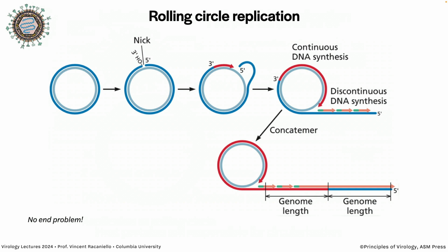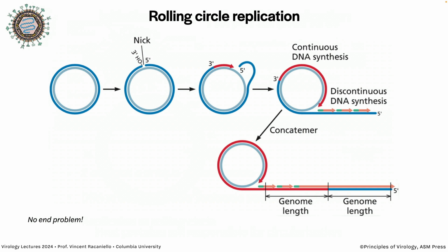Whereas on the other strand, the polarity of the template is wrong and it cannot do continuous synthesis, because you can imagine if only a little bit of this strand were exposed, you could start synthesizing there with an RNA primer. And then when more of the strand comes out, you make another one and another one. So that's discontinuous. It's like our SV40 discontinuous strand.